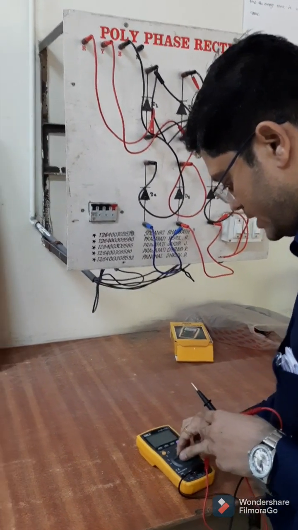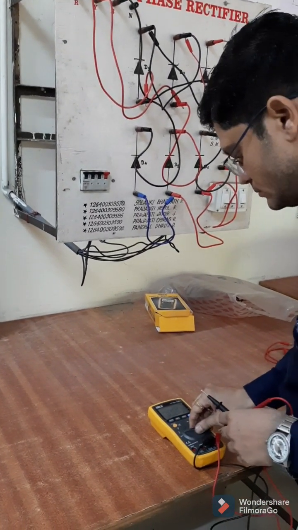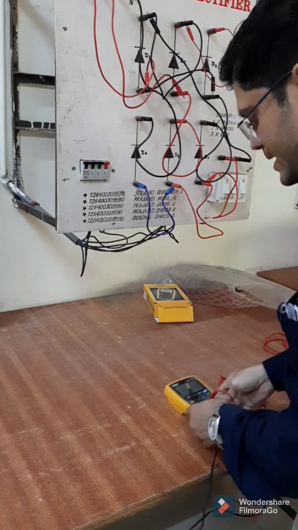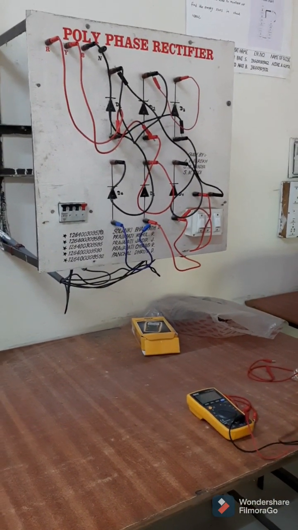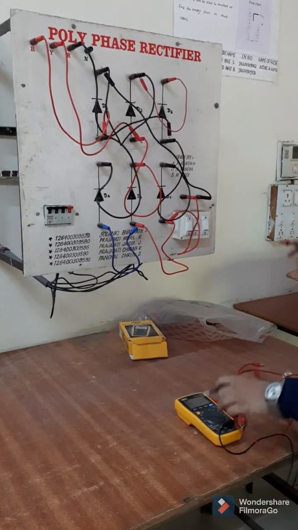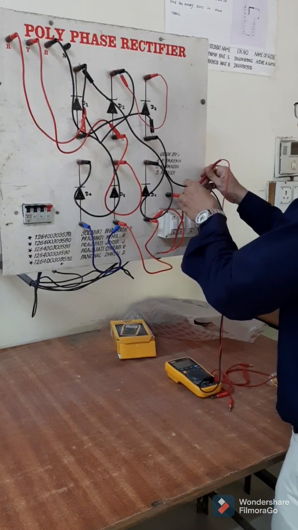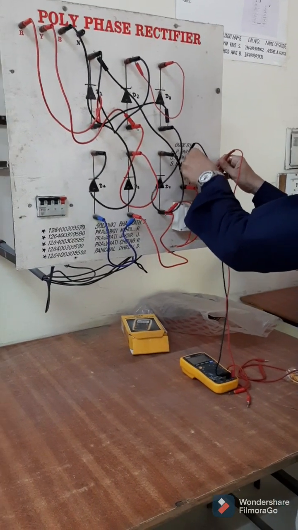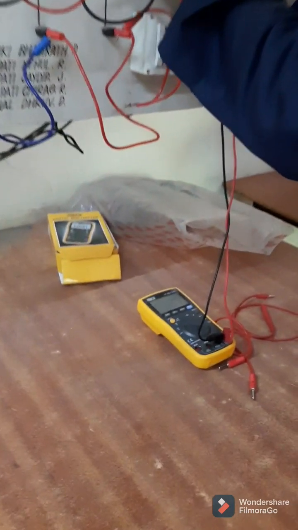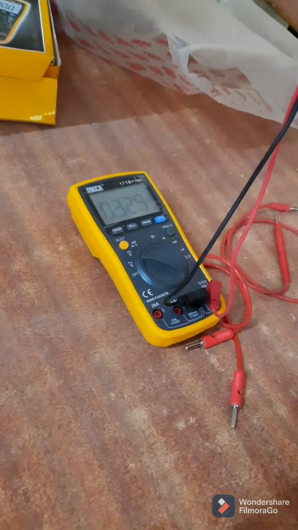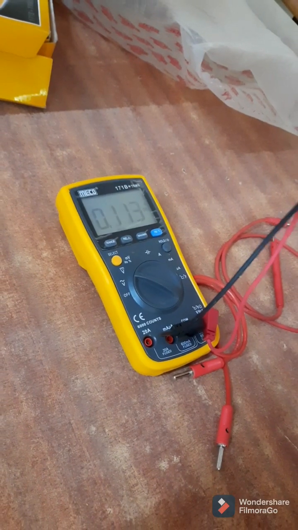For that, we have to connect our multimeter in the DC range, and I am keeping it in auto so that it will select its range on its own. Now we will see what voltage is available between the load terminals, that is DC.